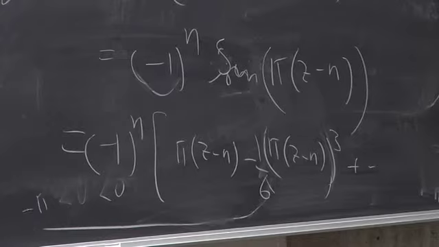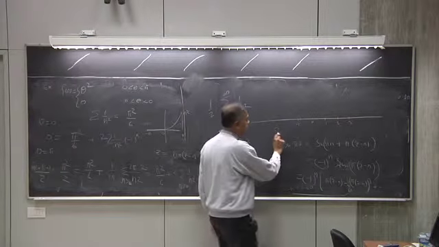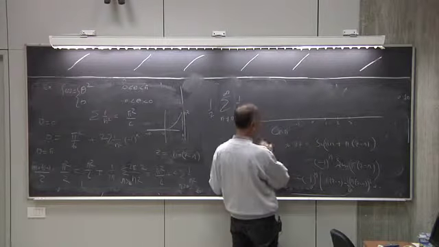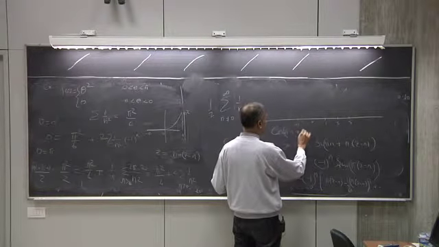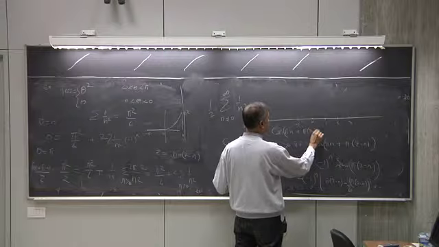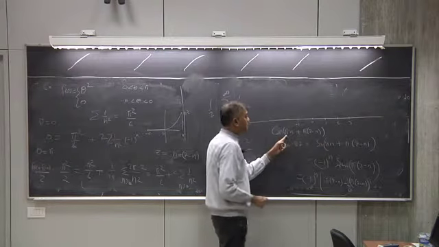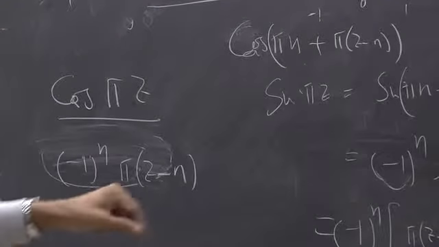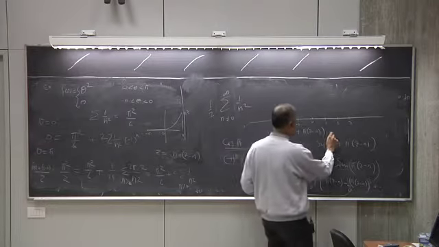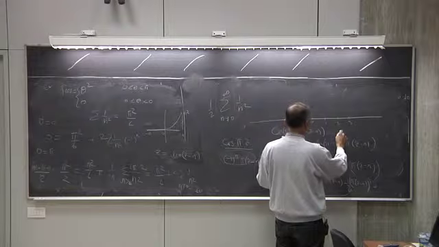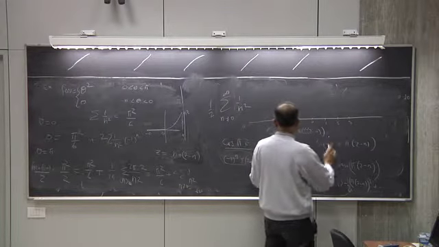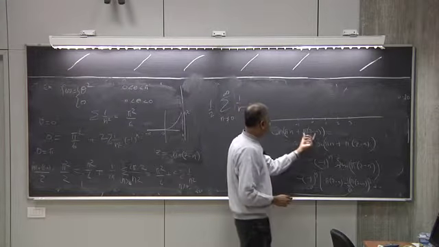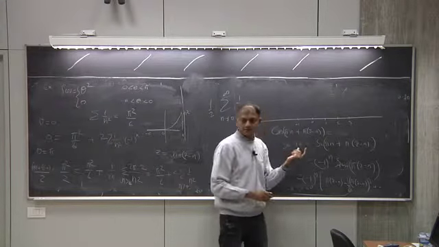Whereas cosine pi z, if you do the same thing, again write z as n plus (z minus n). Cosine of pi n is plus or minus 1.